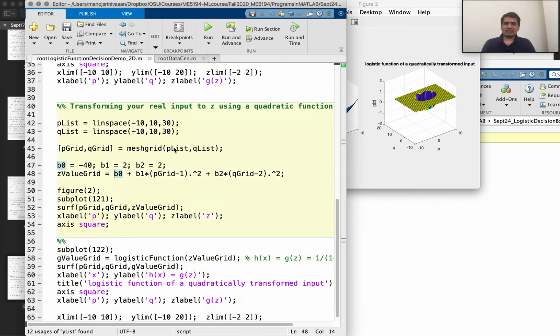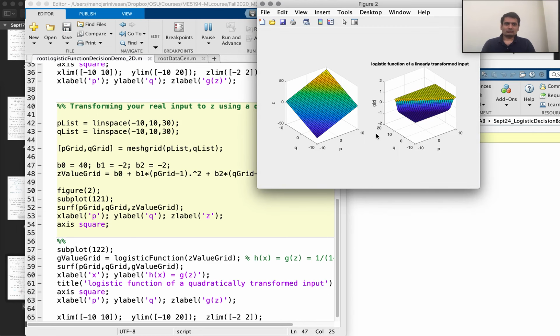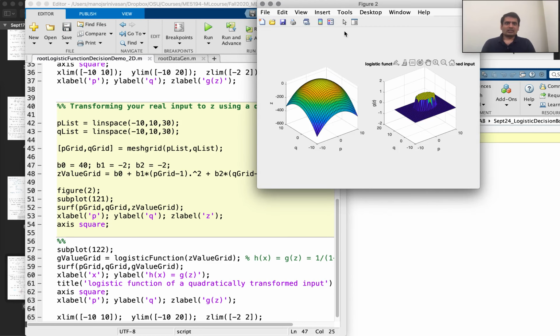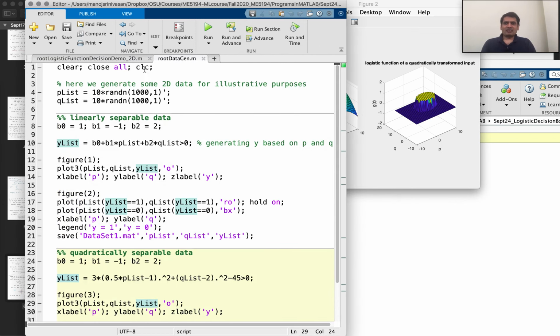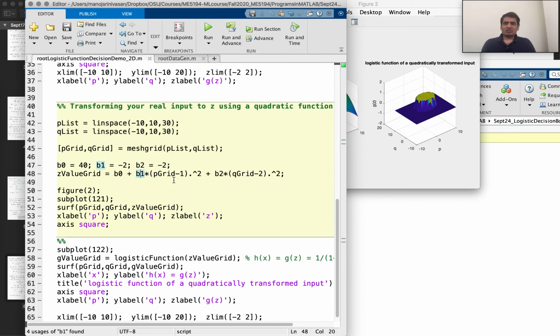And if you change all these parameters, it looks like this, right? Where inside the ellipse, g of z becomes close to 1, outside the ellipse, g of z becomes close to 0.